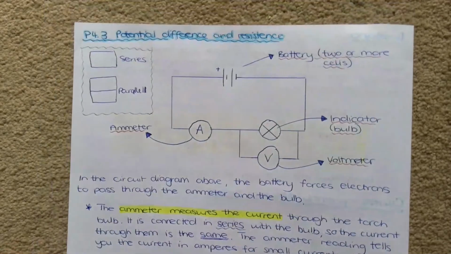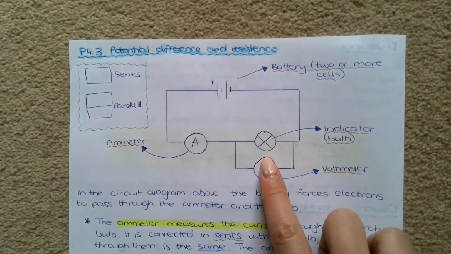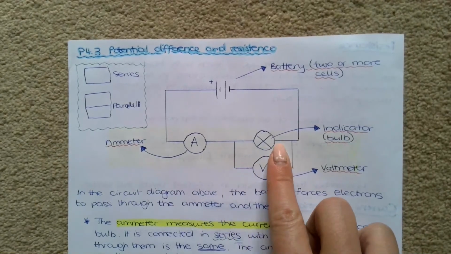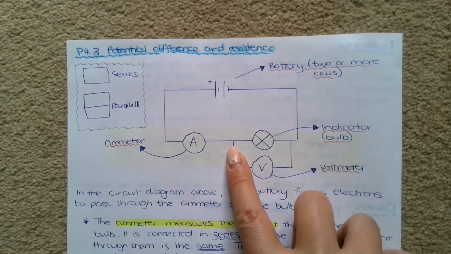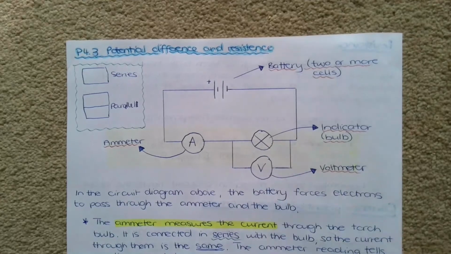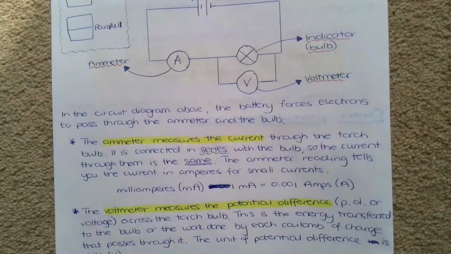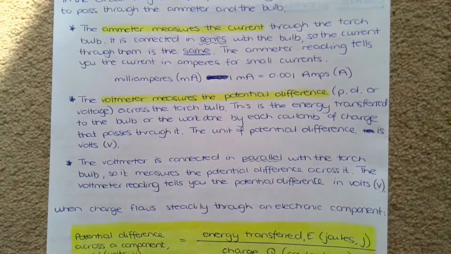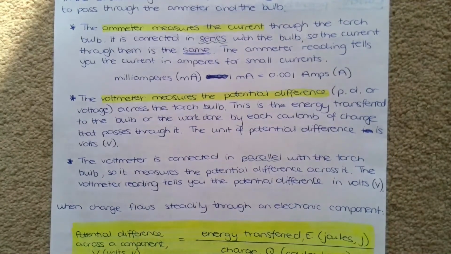So going back to the diagram, this is the torch bulb. The voltmeter is only measuring the potential difference for this section of the circuit. The voltmeter reading tells you the potential difference in volts.